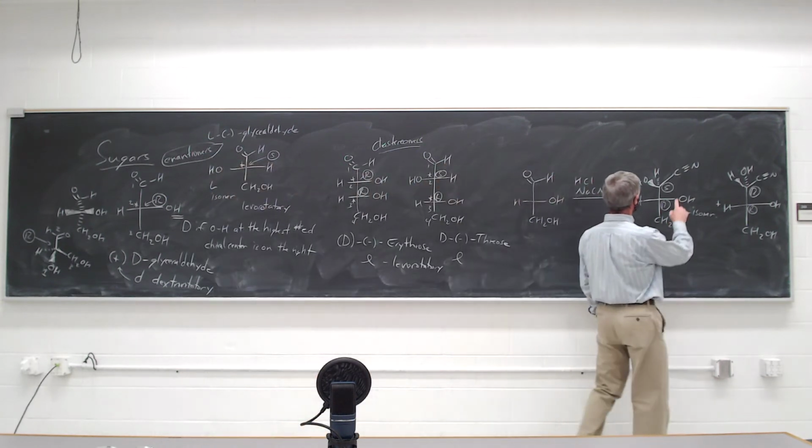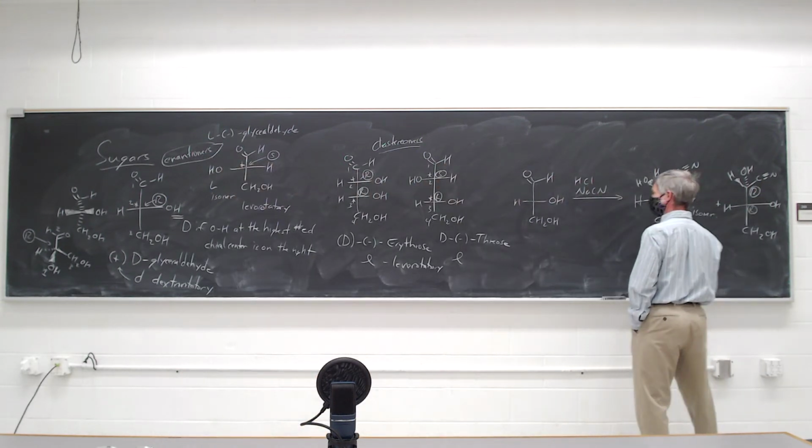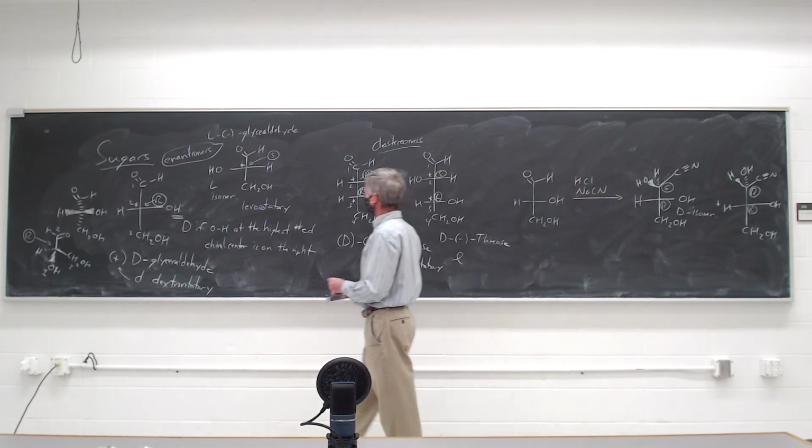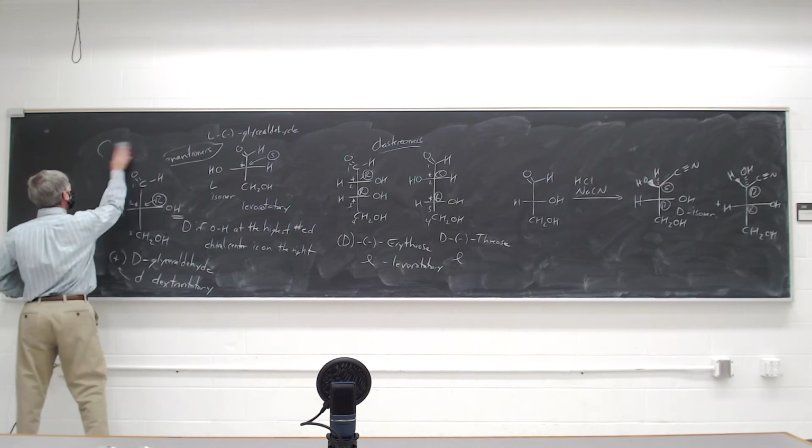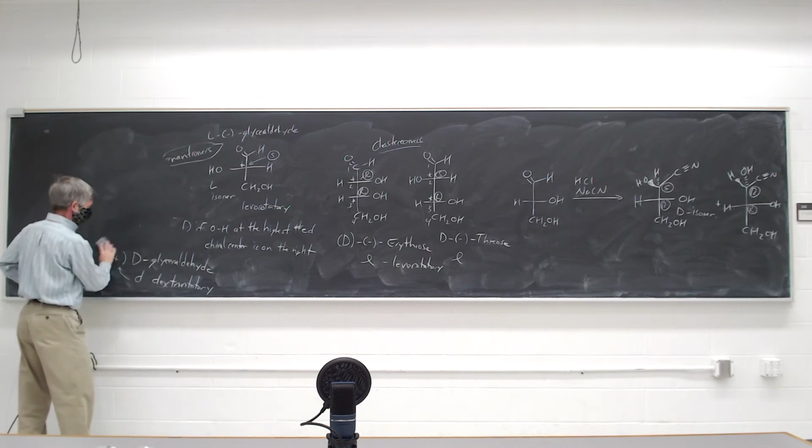So now what we need to do is convert this cyanide group, this nitrile, into the aldehyde. So how do we convert a nitrile into an aldehyde?